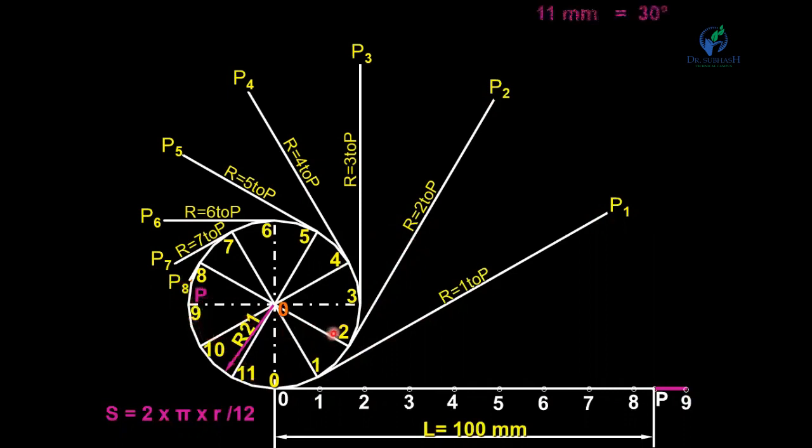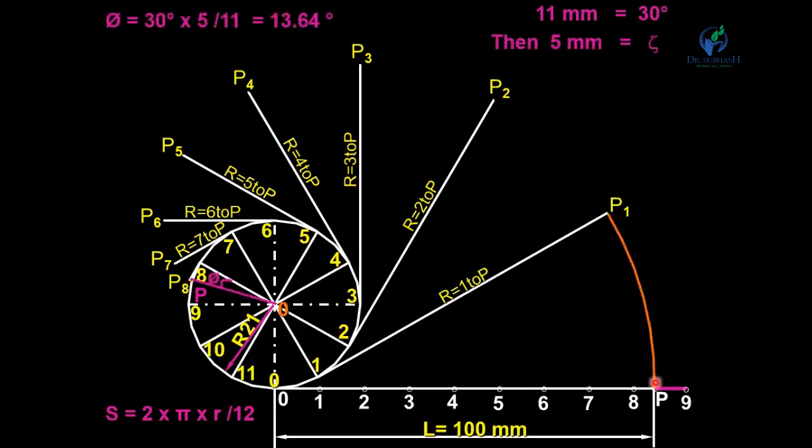Now join all these points, from P to P1, P2, P3, and finally this curve will touch the circle at this point P. So this is known as an involute, and it will wind up to this point P.